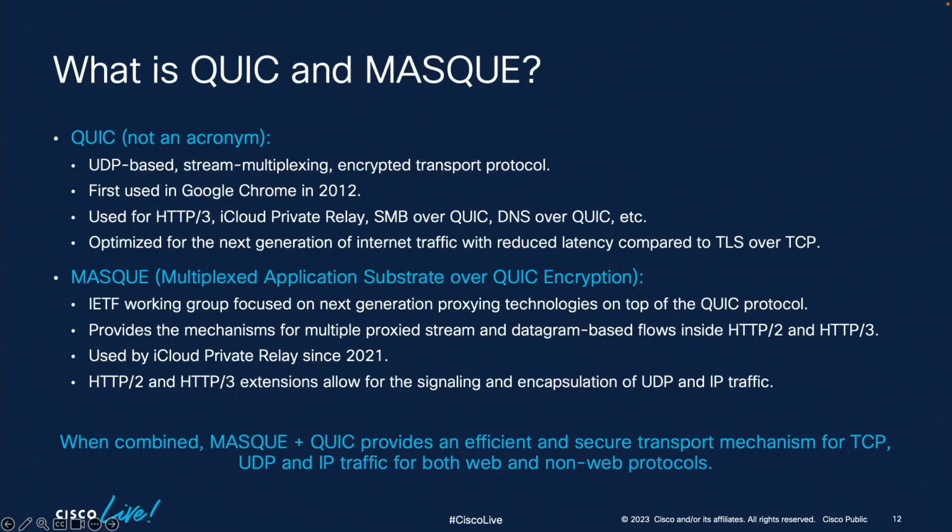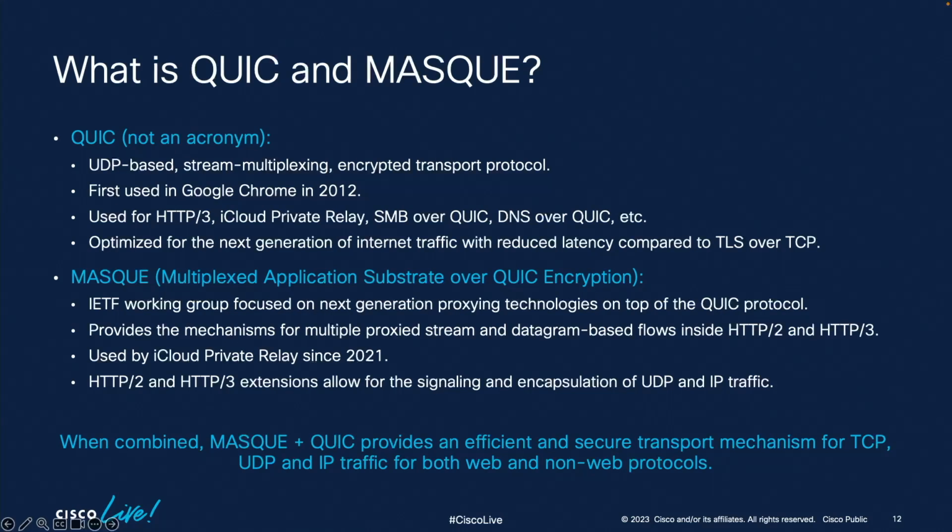And it's used for HTTP/3, iCloud Private Relay, SMB over QUIC, and in various areas. This particular protocol was designed to address all of the issues that we have with TLS over TCP today. So it gives you those benefits.